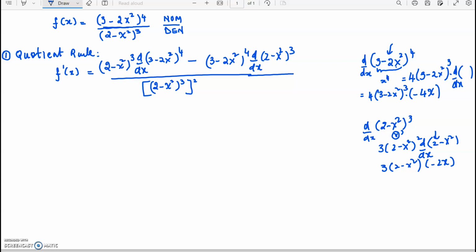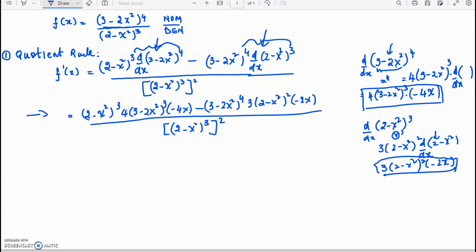Now all we have to do is replace the derivatives. Here we worked out the derivative, so we need to replace the d by dx with the final derivative.